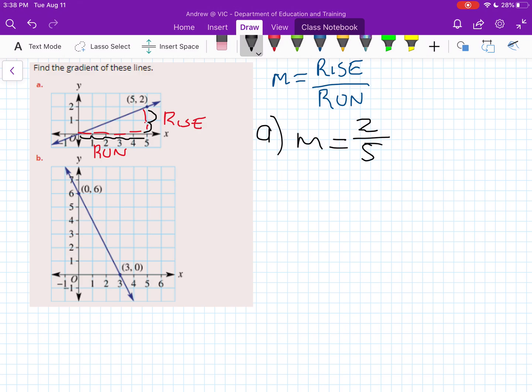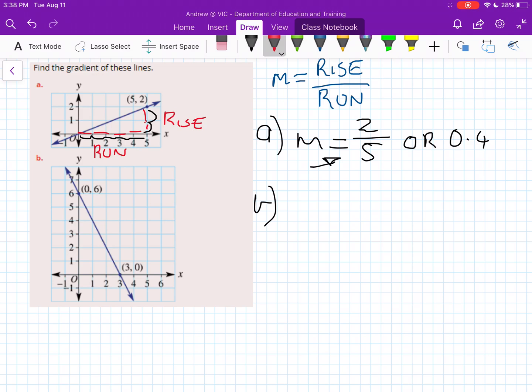Okay, so this here is equal to 2 over 5. You can actually leave it as this. It's probably preferred that you do leave it as a fraction just in case it doesn't go in, but as a decimal, this is 0.4. That could also be an answer for this, but as I said, it's probably best, unless asked, to leave it as a fraction. Okay, so now we'll go into B here, and we'll identify our rise and our run.